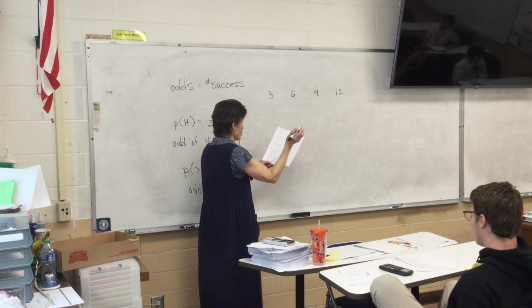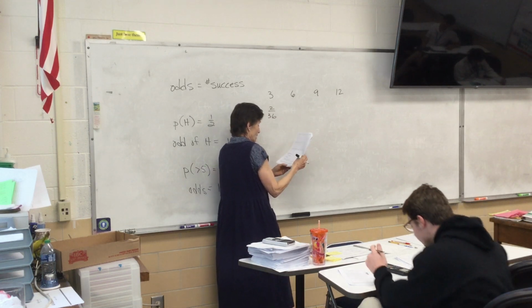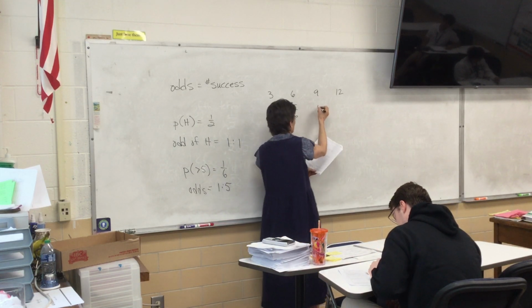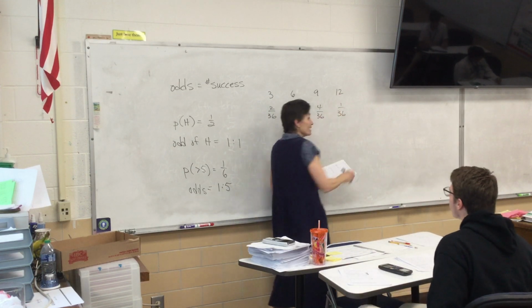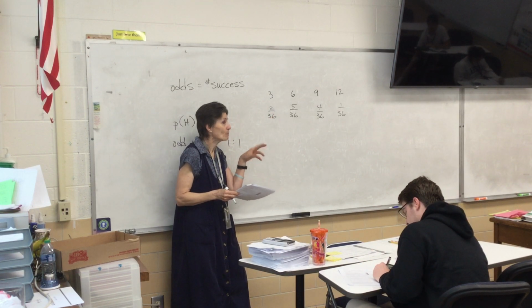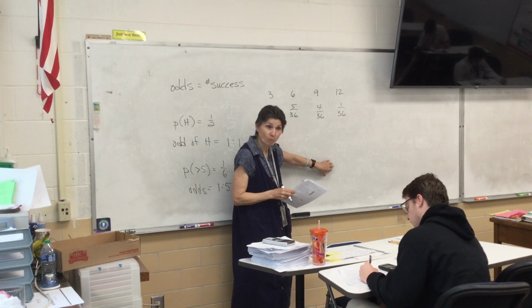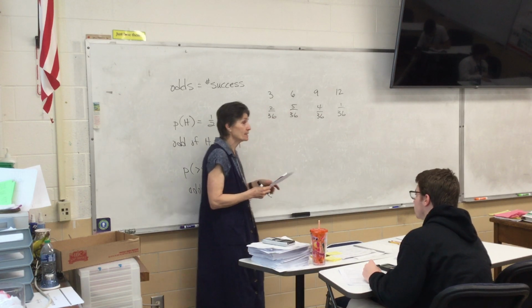So my chart says 2/36, 5/36, 4/36, and 1/36. Now, if I didn't have this distribution already done, I would have to figure it out, just like we figured out the sum of 4 a little bit ago. It's nice to have the chart already done.